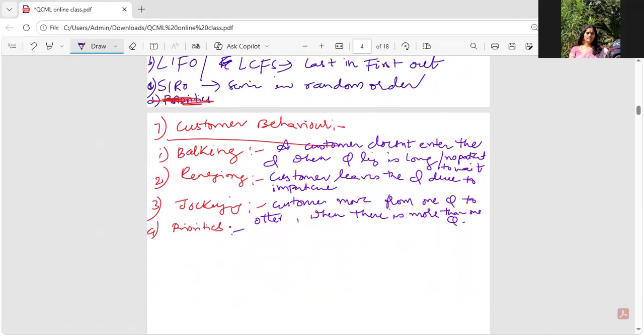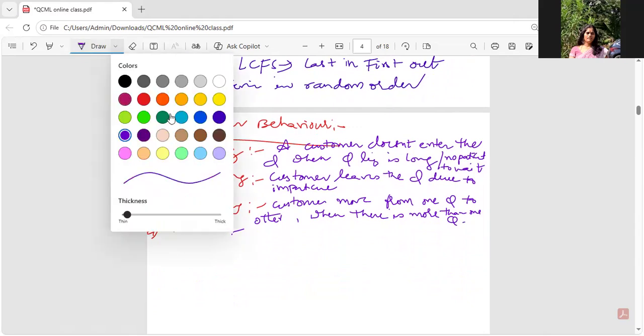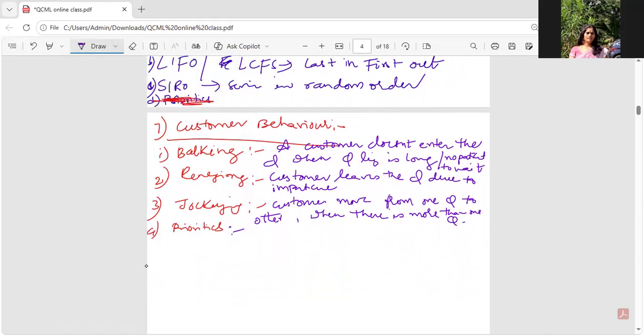Out of all the major ones, the final one would be the state of the system. Whether you're talking about the system without respect to time, it would be called steady state.